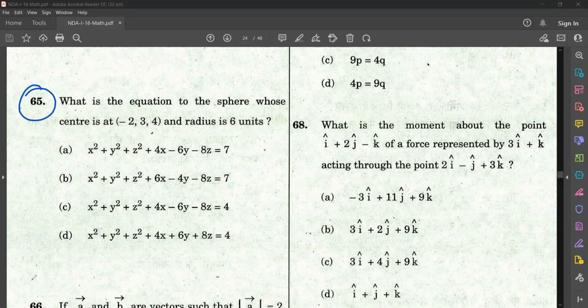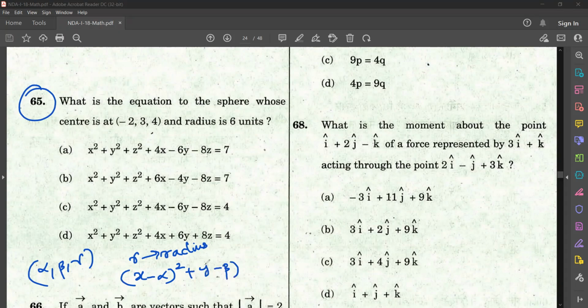If we are given the center and radius, how do we write the equation? Let the center be alpha, comma, beta, comma, gamma, and radius r. Then how to write the equation of the sphere? x minus alpha the whole square plus y minus beta the whole square plus z minus gamma the whole square is equal to r square, isn't it?